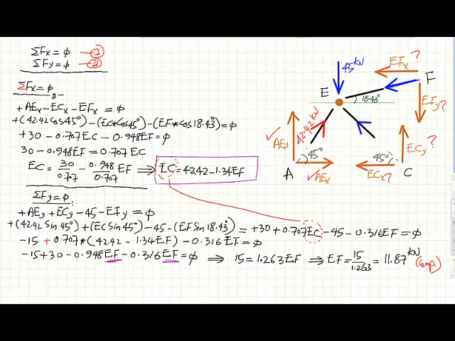So now we'll need to calculate the value for EC. I will use this equation for EC, so EC is equal to 42.42 minus 1.34 multiplied by the value for EF, which is 11.87, and the answer is 26.52 kilonewton.